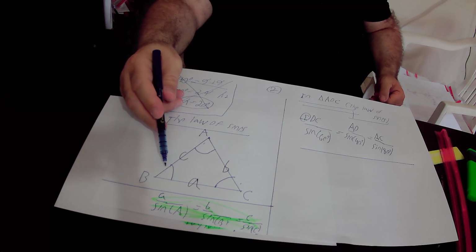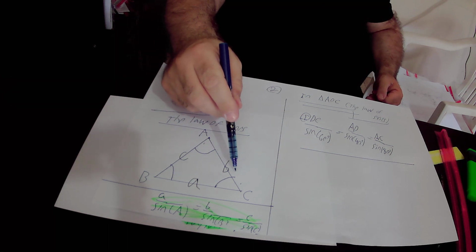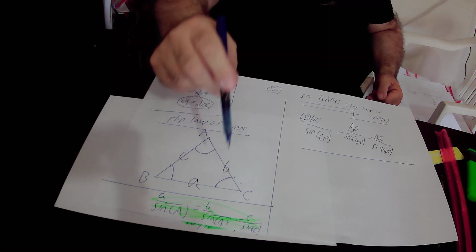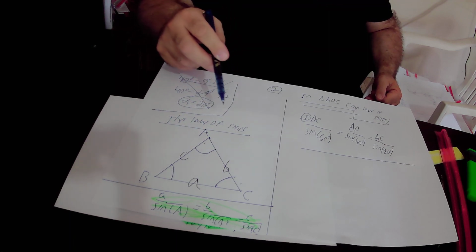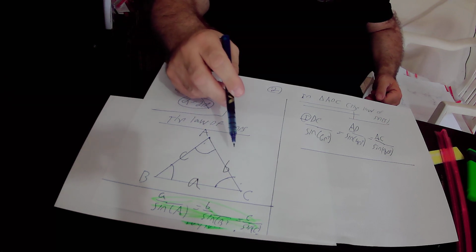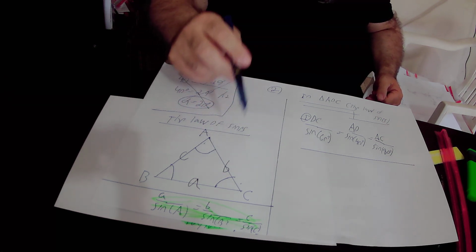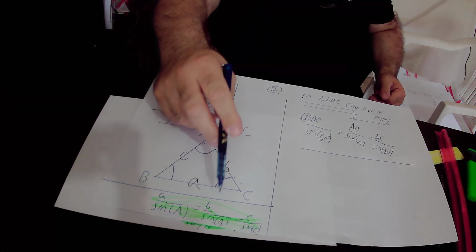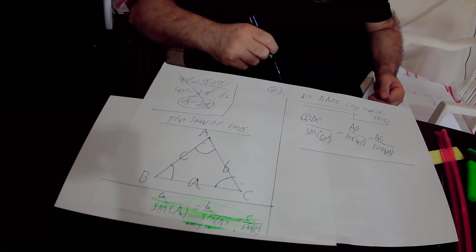Capital B is the size of this angle ABC. And capital C is the size of this angle, angle ACB. And the small a, b, and c are the lengths of the sides of the triangle ABC. Again, a over sine A equals b over sine B equals c over sine C.